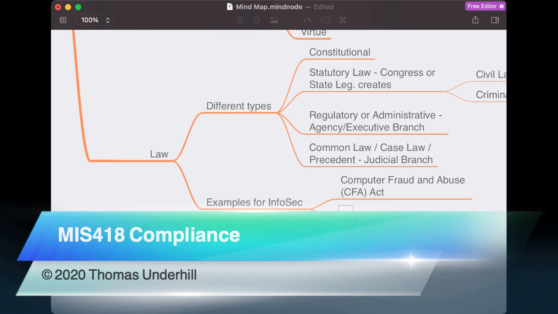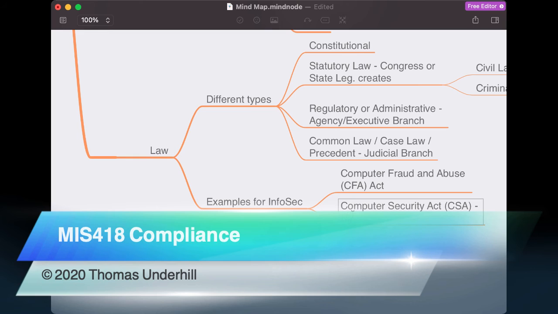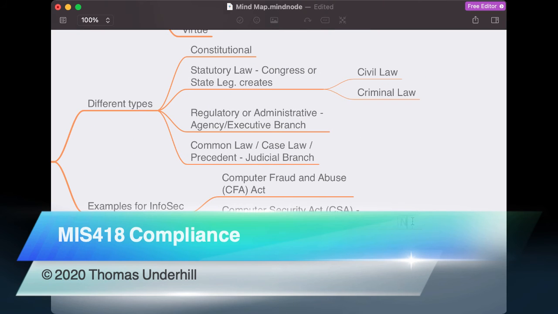There's the Computer Security Act, and this applies to government computer systems. The agency that's responsible for this area is now known as the National Institute of Standards and Technology, or NIST, and they put forth a lot of different regulations and recommendations for security. If you're interested in this field, I strongly recommend looking at it.